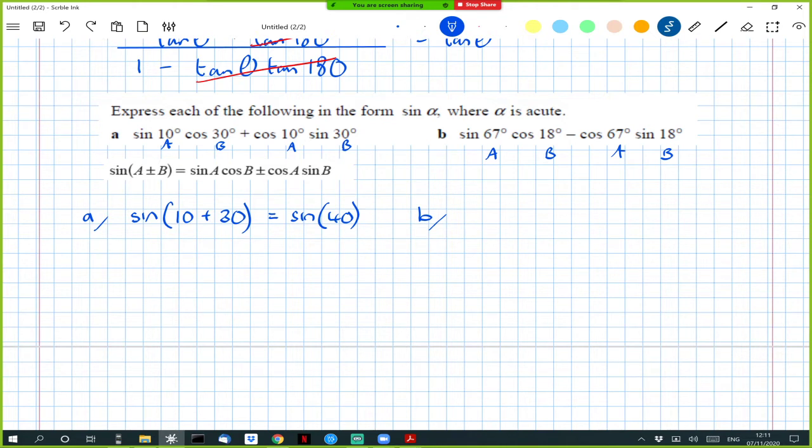So we're going to use sine of A minus B. Sine of 67 minus 18, which is sine of 49. So nice and straightforward. Let's do another.